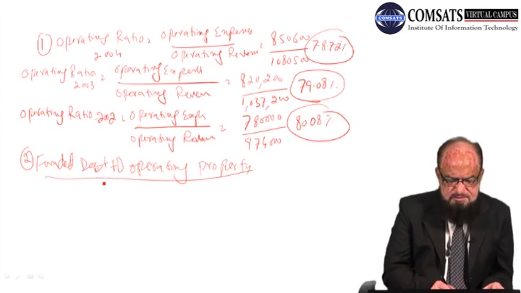Formula is very simple. Funded debt divided by operating property.